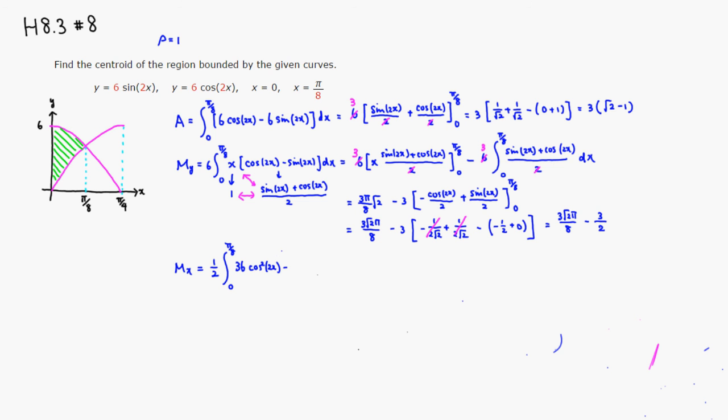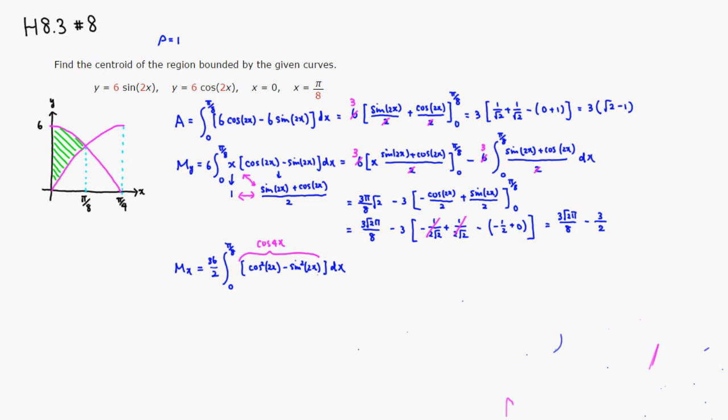Actually, can I just move the 36 out here? I'm going to put 36 here. That way we just have sine squared of 2x, and then dx.